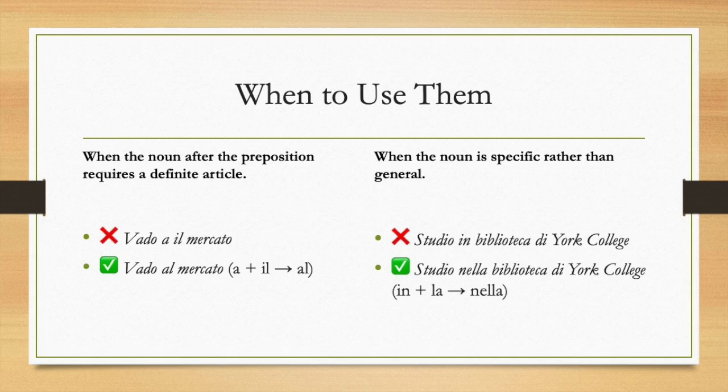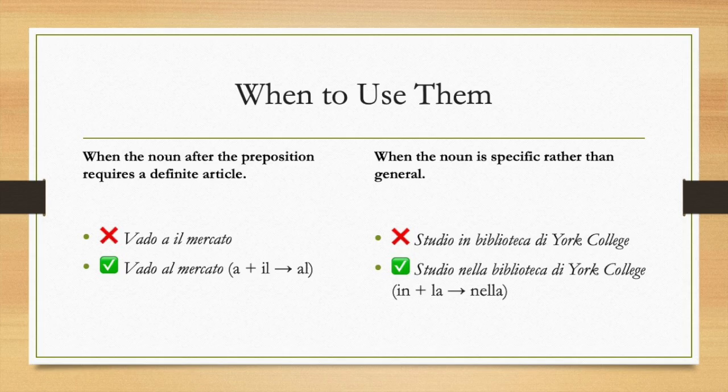So, for example, I go to the market. You use the preposition a, but then you also need the article: il mercato. Even in English, you have "to the market." So, in Italian, in this case, you must create only one word combining the simple preposition a with il.